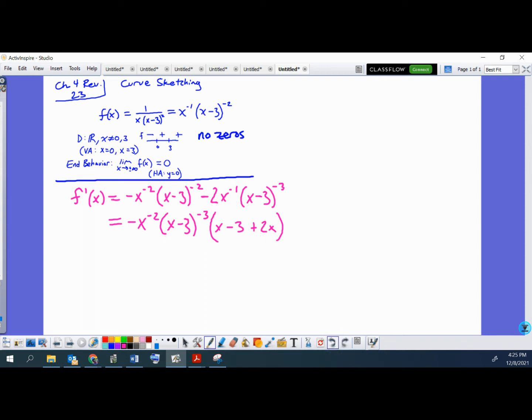So those are equivalent. And then I'm just going to simplify in here. That's 3x minus 3. You can actually factor out the 3 while you're at it. Equals negative 3, and I'm going to put this factor next, x minus 1. Don't have to factor out the 3 if you don't want. And then I'm just going to put these on the bottom now. x squared, x minus 3 cubed.